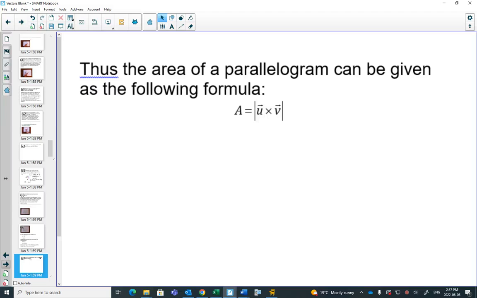So if you just get rid of the unit vector at the end, whatever's in front of your cross product will be the area of your parallelogram. That's shown with these absolute value bars, the magnitude of the final answer.